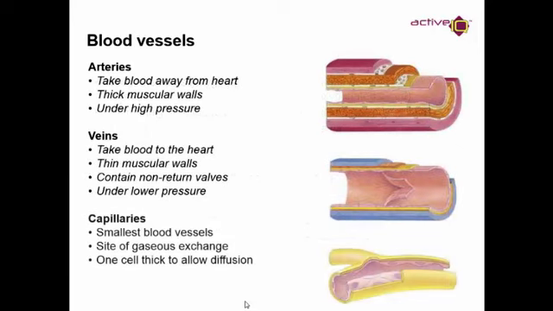Let's have a little bit of a look at the blood vessels in some greater detail. All right. We have the arteries, the veins, and capillaries. The arteries are responsible for looking after the oxygenated blood, and they take it away from the heart to all of our muscles. Our muscles need the oxygen to be able to function.